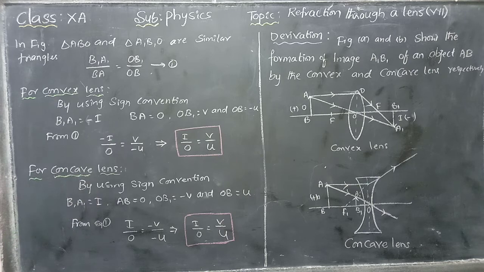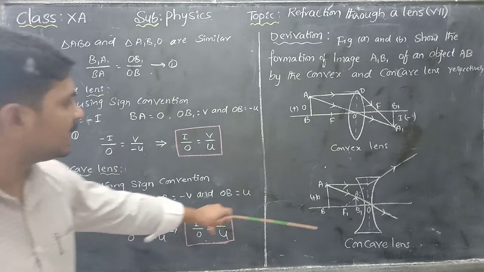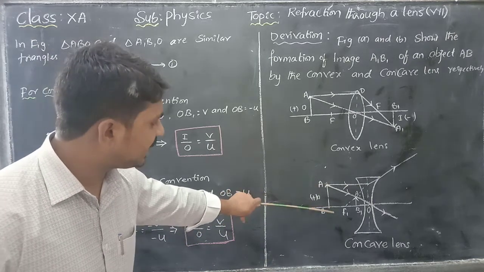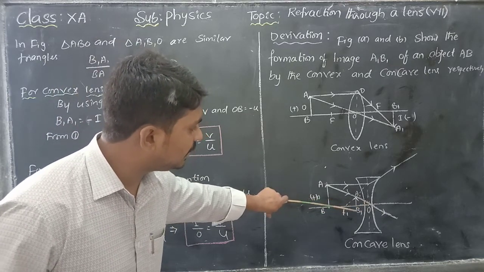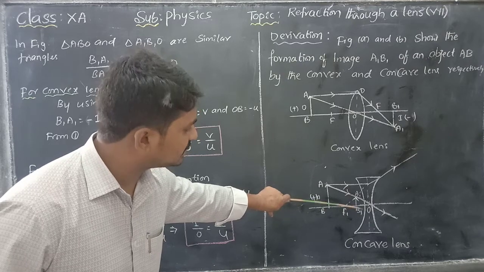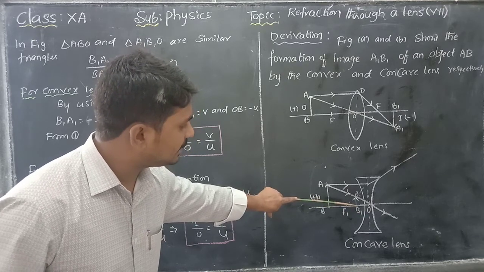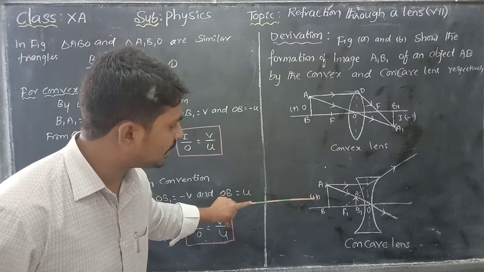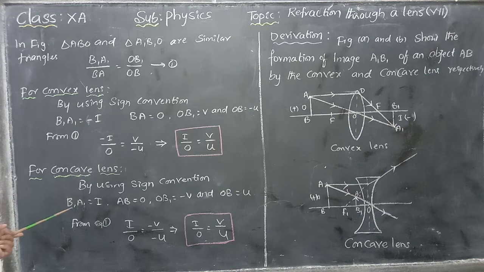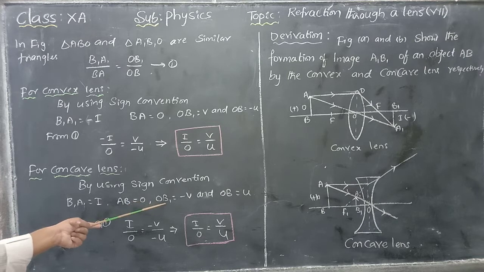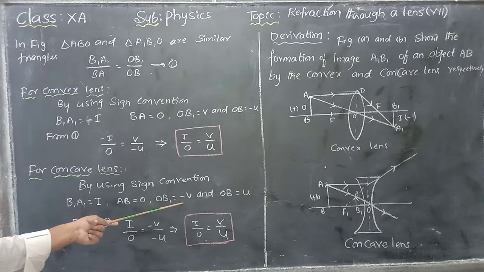Similarly for the concave lens, using the same convention, observe here, the object is AB, the same. U is the distance from the optical center to the object. The optical center to B1 is the image distance, also negative. The object height is positive, and the image height is also positive because of the erect image. So B1A1 is the image height, positive, and AB is the object height, positive. OB1 is the image distance, negative because it is on the left-hand side of the optical center.